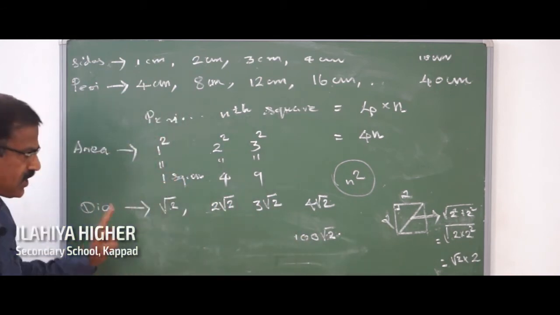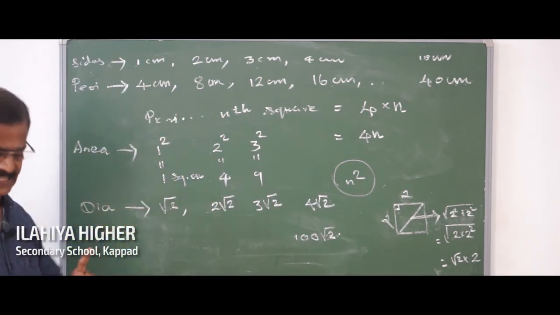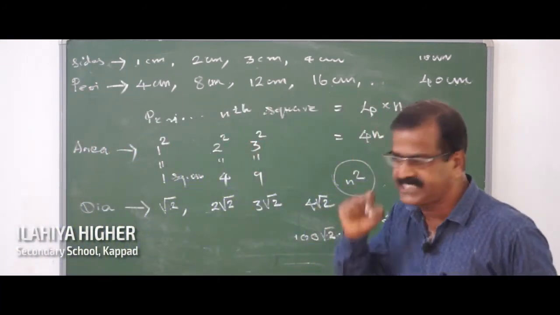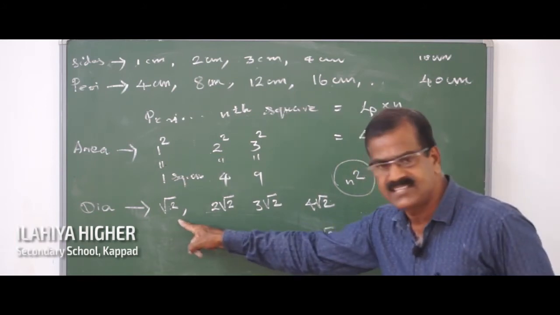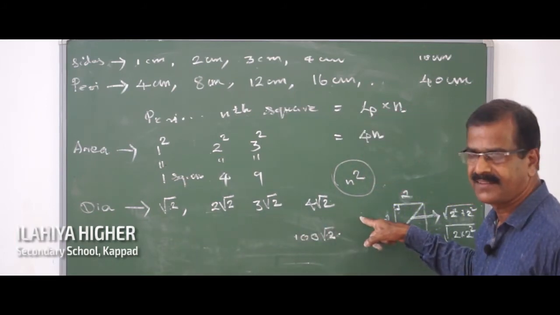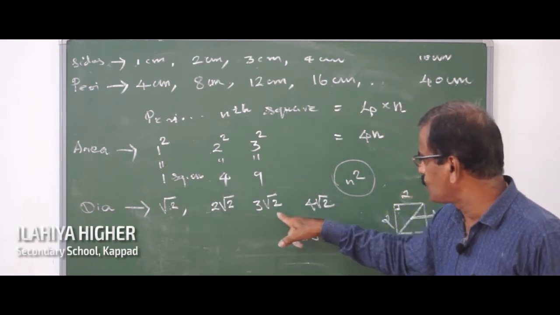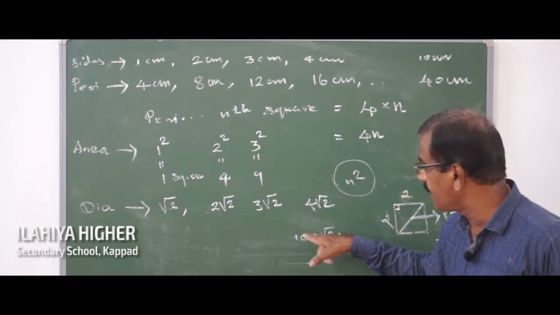Okay. So if we proceed like this, here also we can write the algebraic expression of this sequence. This is also a sequence. See, root 2, 2 root 2, 3 root 2, 4 root 2, 100th one, 100 root 2.